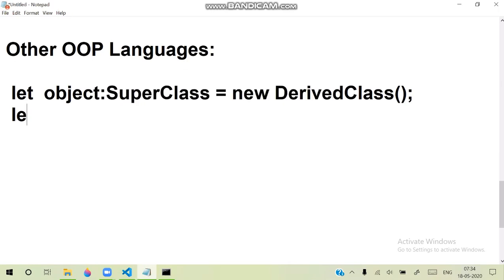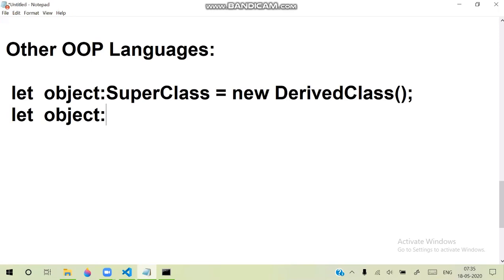Suppose if I write let object, remember I am talking about other OOP languages. In other OOP languages, syntax will not be like this. Just the concept I am explaining. In other OOP languages, we give the class name, object name and all, right?